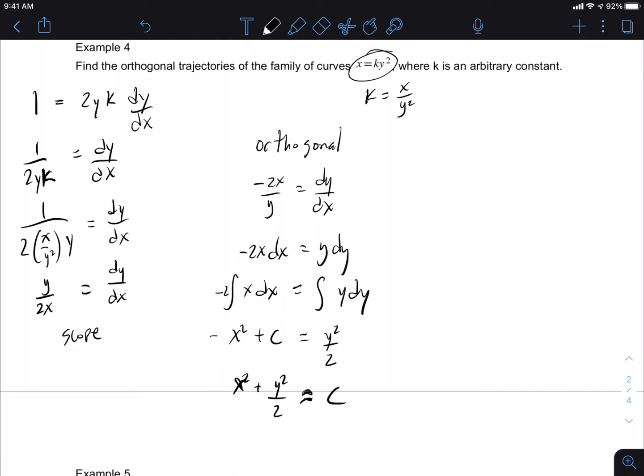I can see if I can show you the picture. Do you guys want to see the picture of what this looks like? Yes. I can try to pull it up. What kind of curve is that?